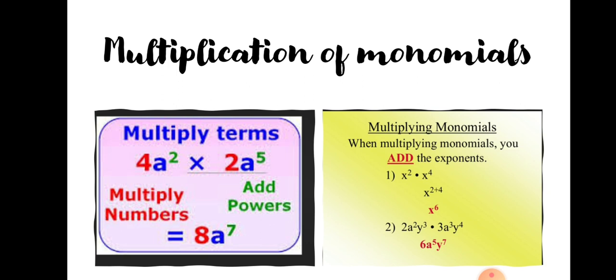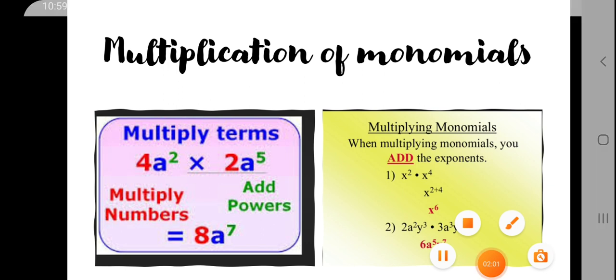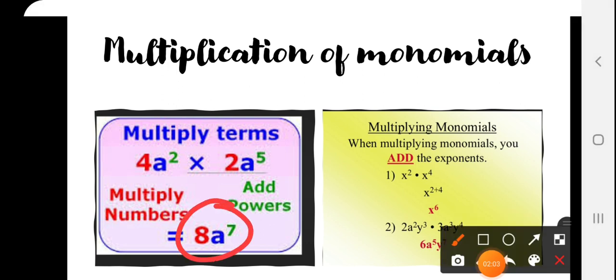The variables with the same base are multiplied by adding the powers. So you add the powers 2 and 5, that means 2 plus 5, which gives you raised to power 7. So your answer for this is 8a raised to power 7.